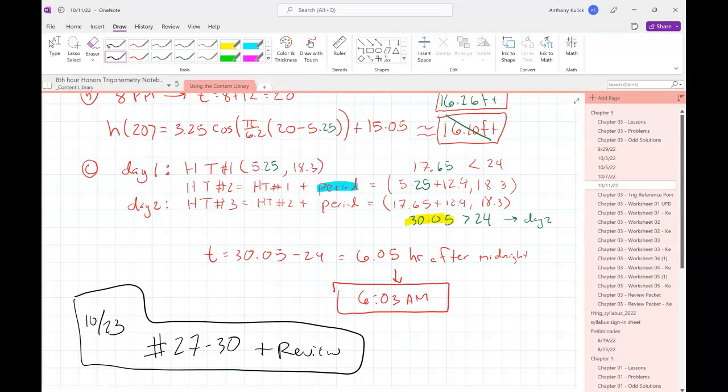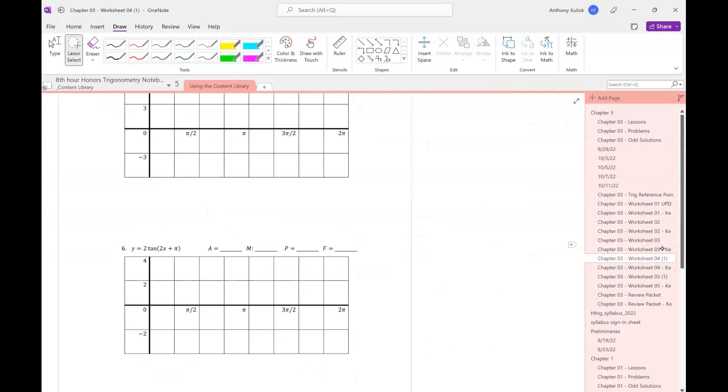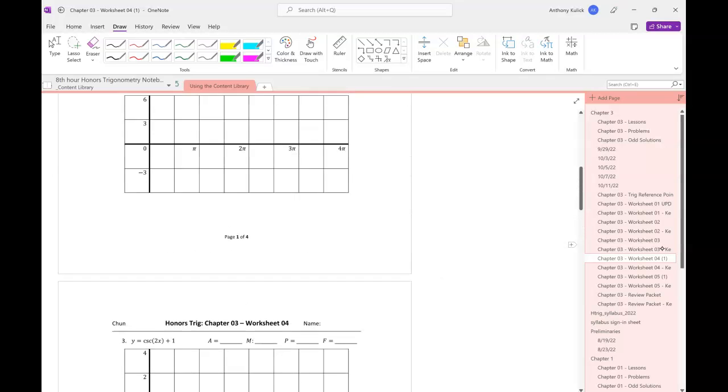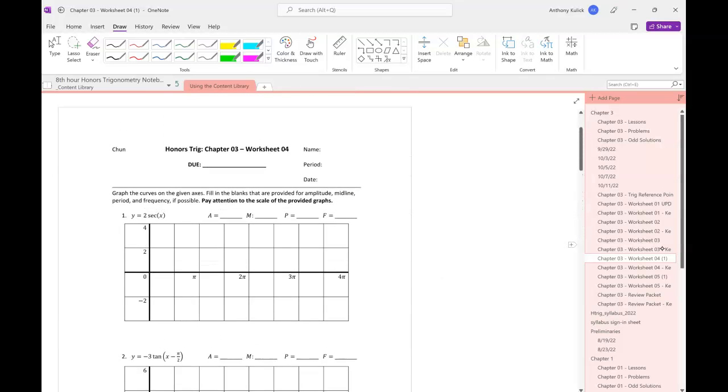What's going to be due this weekend? Do we have anything due this weekend? Yeah, the tangent stuff is due this weekend, right? What was that? It was like 15 to 26, and then worksheet 4, and then just like 4 and 5, or 4 and 6 or something, 3 and 6, 2 and 6.